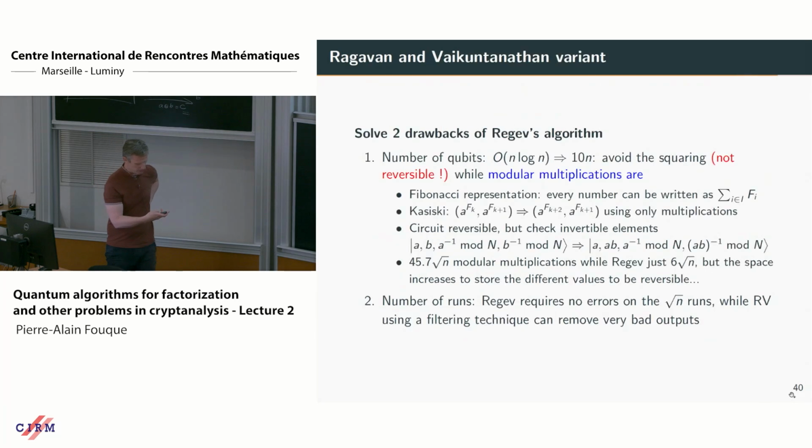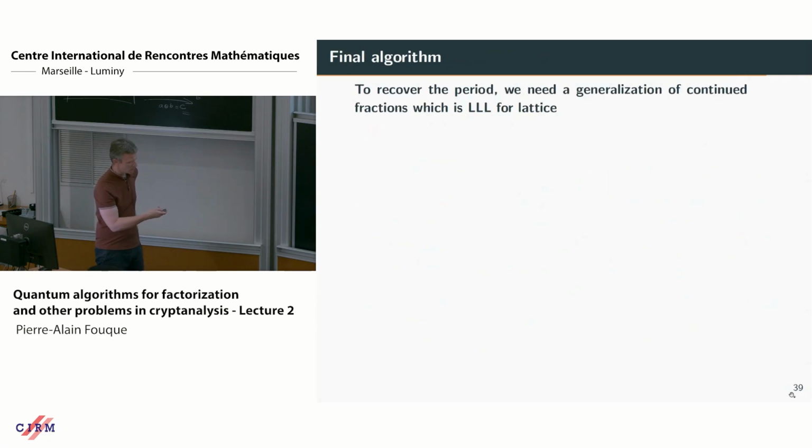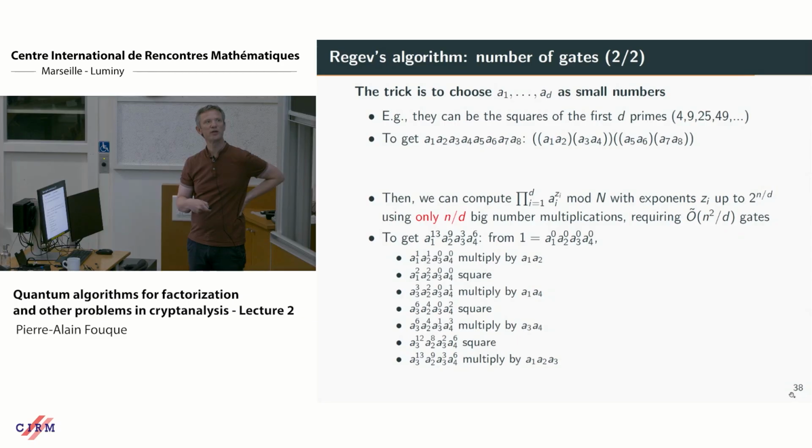The number of qubits is so large because of this implementation here. You have multiplication, squaring, multiplication, squaring. You have seen that for Shor's algorithm, we pre-compute all of the a^(2^i) values. Here too, all of these values can be pre-computed once.